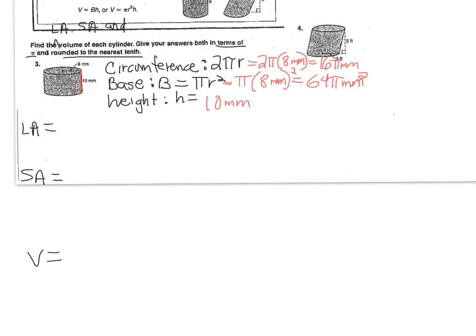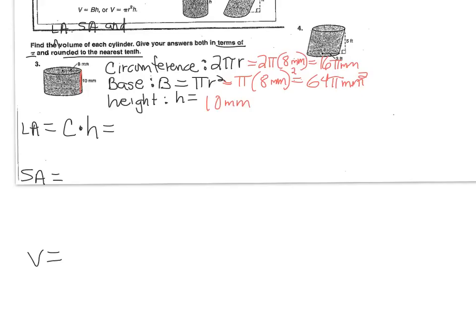So for the lateral area, and by the way, on that worksheet you have all the formulas. The lateral area is just the circumference times the height. You know, the length around the circle, around the base, times the height.